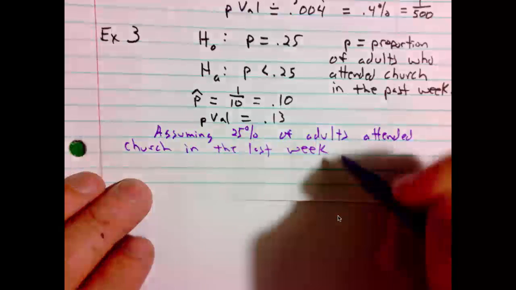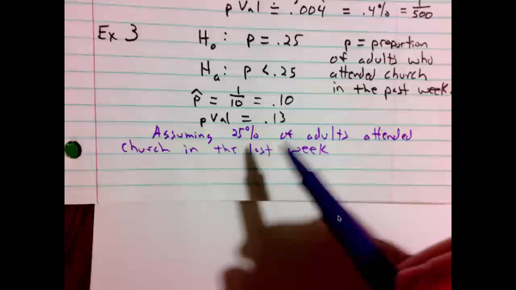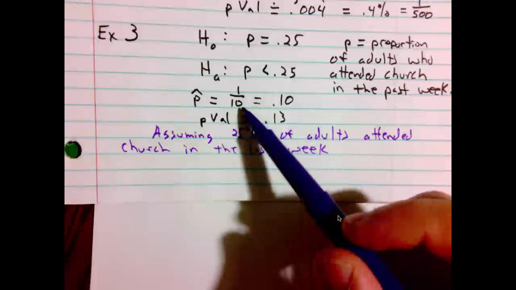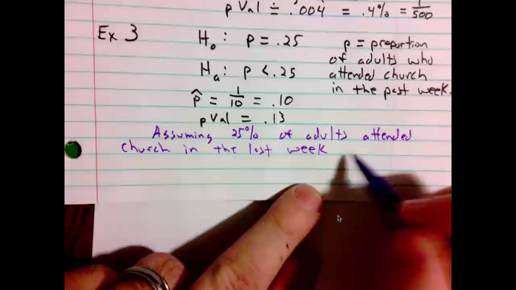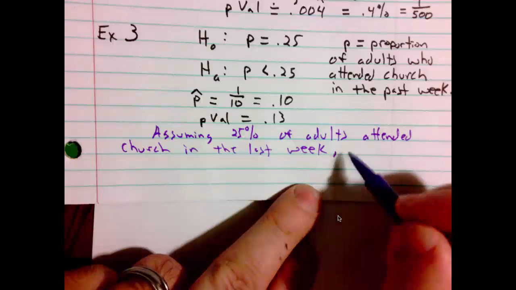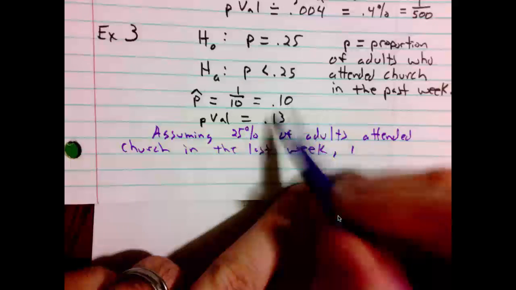There's our assumption. The chance of getting our sample, the chance of getting a sample of size 10 where only one person went, is 0.13. So I'm going to start with that.